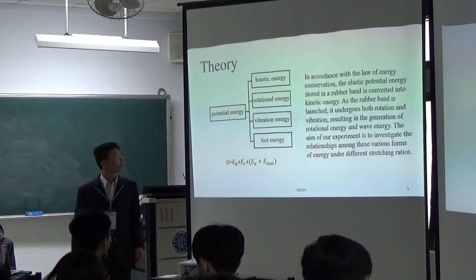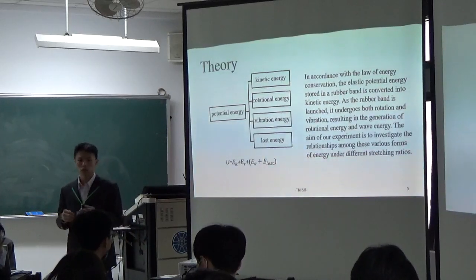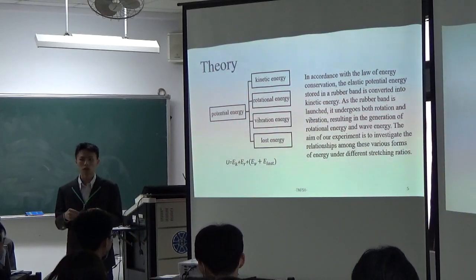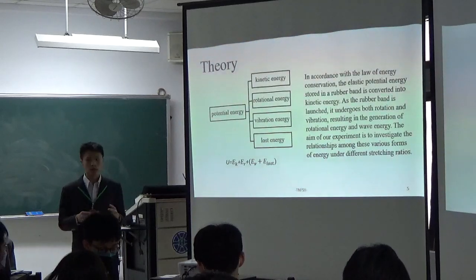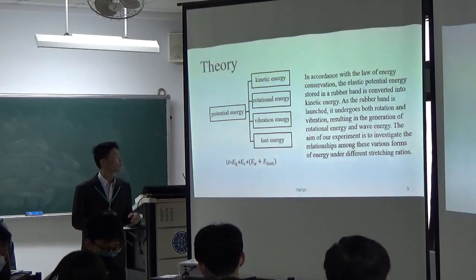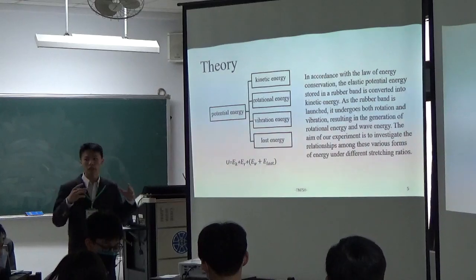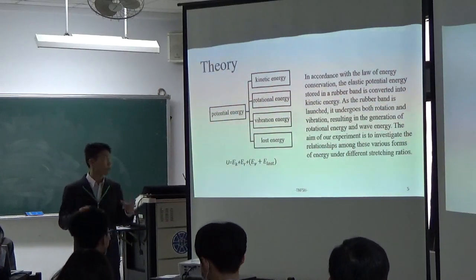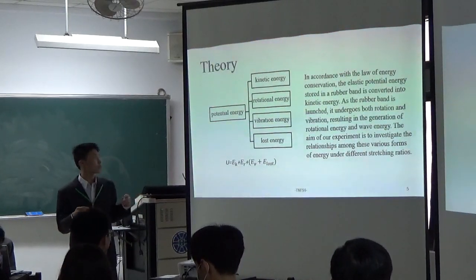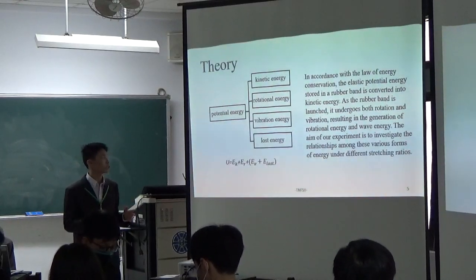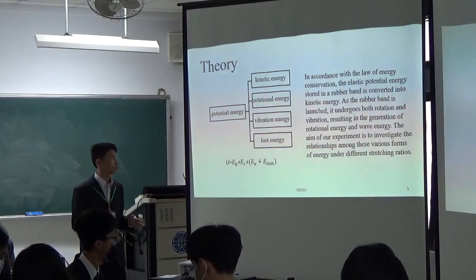Okay, so here's our theory part. In our theory, we want to discuss this phenomenon through energy. First, we have potential energy for my rubber band, and it can transfer to kinetic energy, rotation energy, vibration energy, and loss energy.